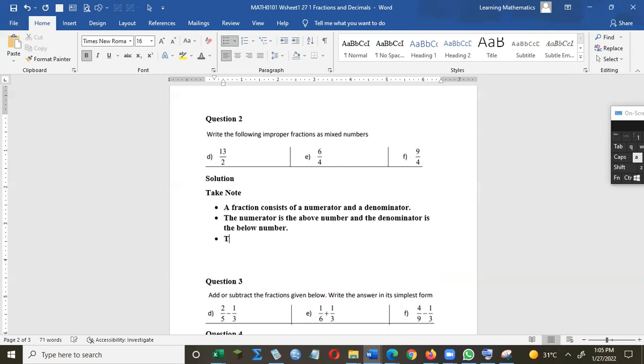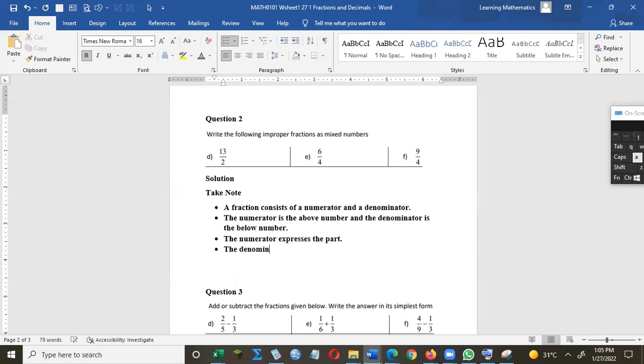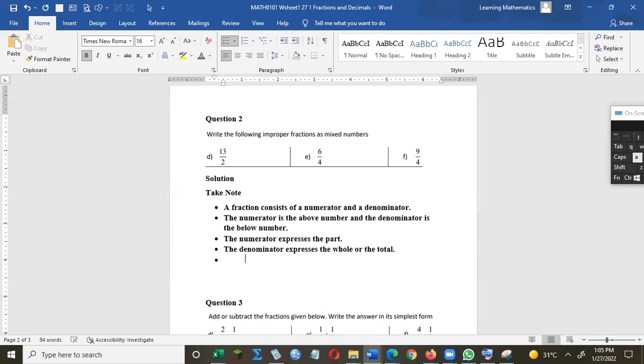The numerator expresses the part. The denominator expresses the whole or the total. Okay.